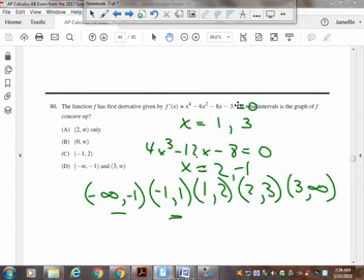I'm looking for concave up. Okay, so I thought, well, these two have a lot of 1s and negative 1s and stuff up here, but let's rule out a bunch of answers. Maybe it'll rule a bunch out. Negative infinity to negative 1 is not concave up because it's negative. Concave up is positive. This one's negative. That one's negative.